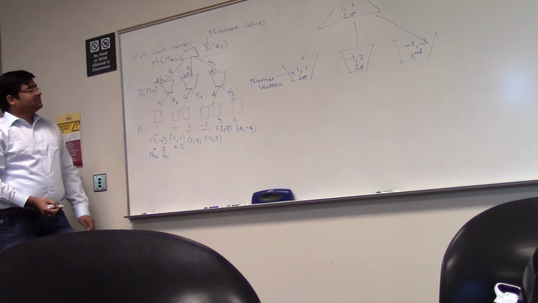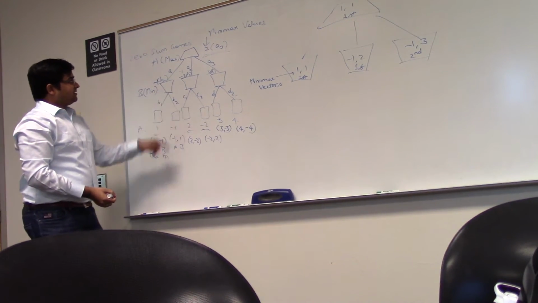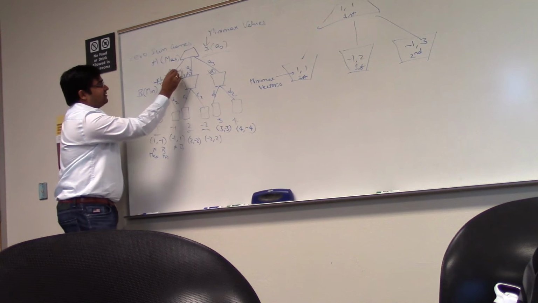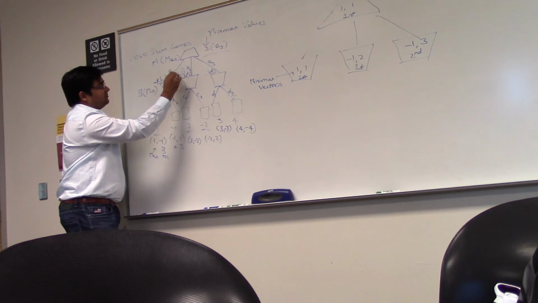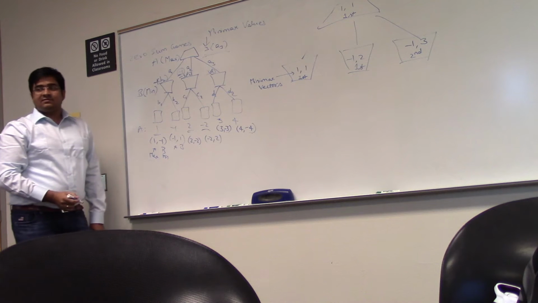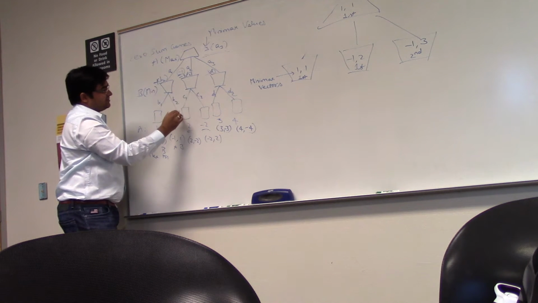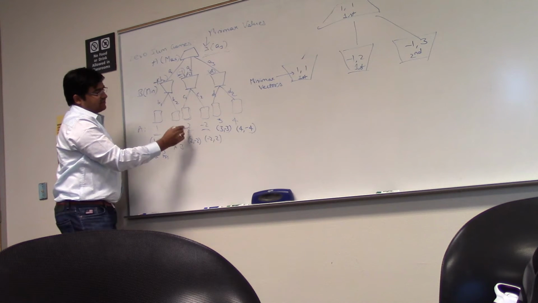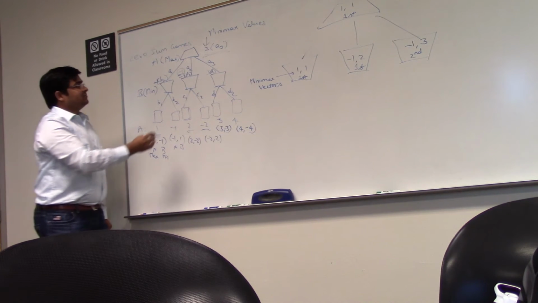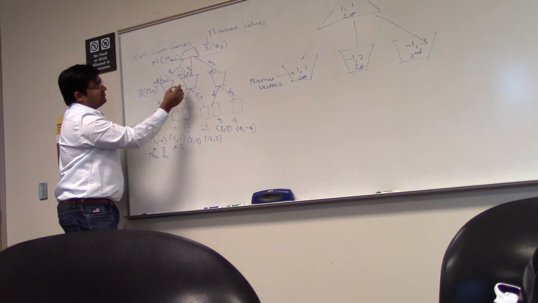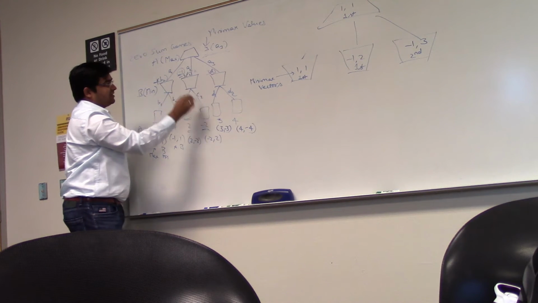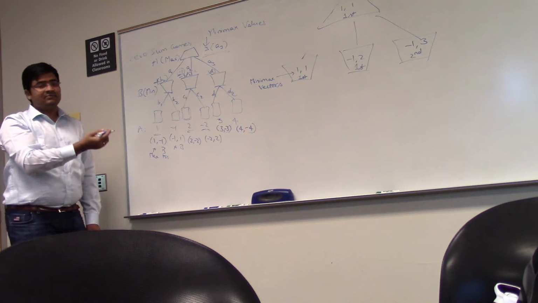So while exploring this part, I will tell it to look for values which are better than -1. So once it goes here, it sees that there is a possibility of 2. So fine, I have found something better than -1. I have to keep looking. Maybe I'll find something better than 2.